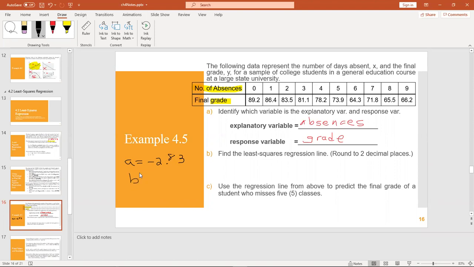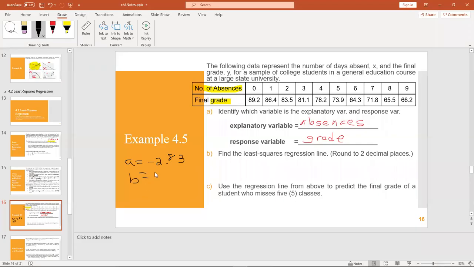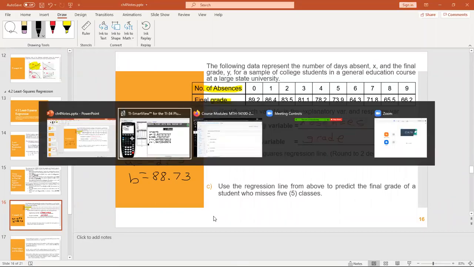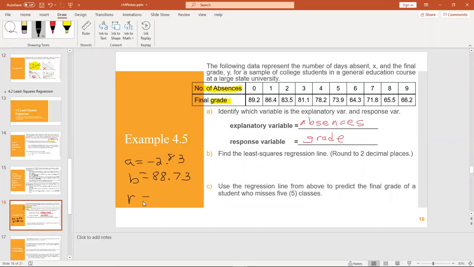And then B is 88.73 if we round it off. And then let's see here. So then the R is negative 0.95 if we round that off. So R is negative 0.95.